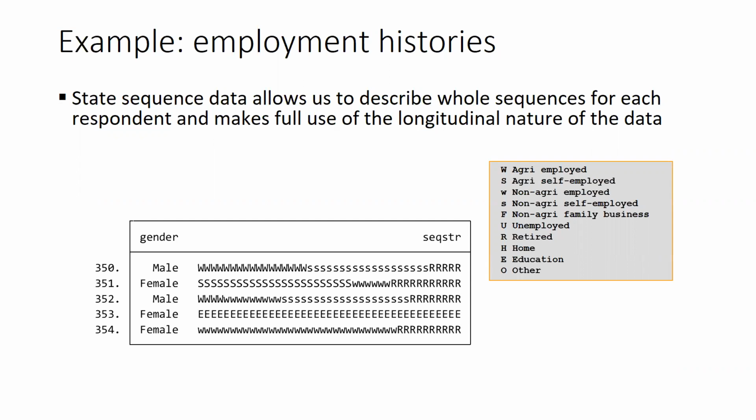Then she was employed, and then she retired later on. And so you can see, you can rebuild, you can look at the life histories of each respondent, and you can try to find patterns in those.